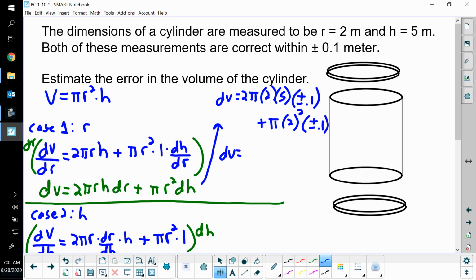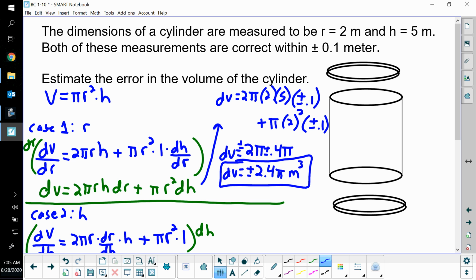So 2 times 2 is 4, times 5 is 20, times 0.1 is 2, so we'd have 2 pi. 2 squared is 4, times 0.1 is 0.4, so we'd have 0.4 pi. So we end up with dV is plus or minus 2.4 pi, and we've got meters cubed for our units.